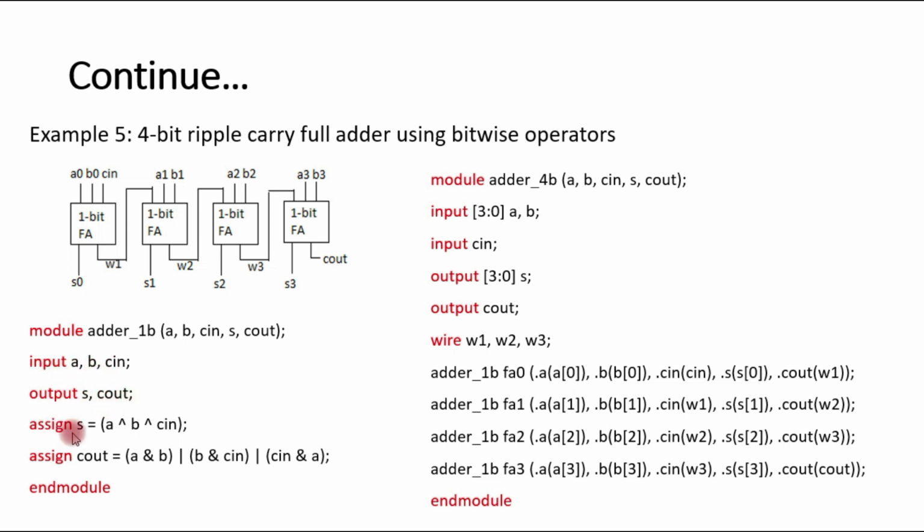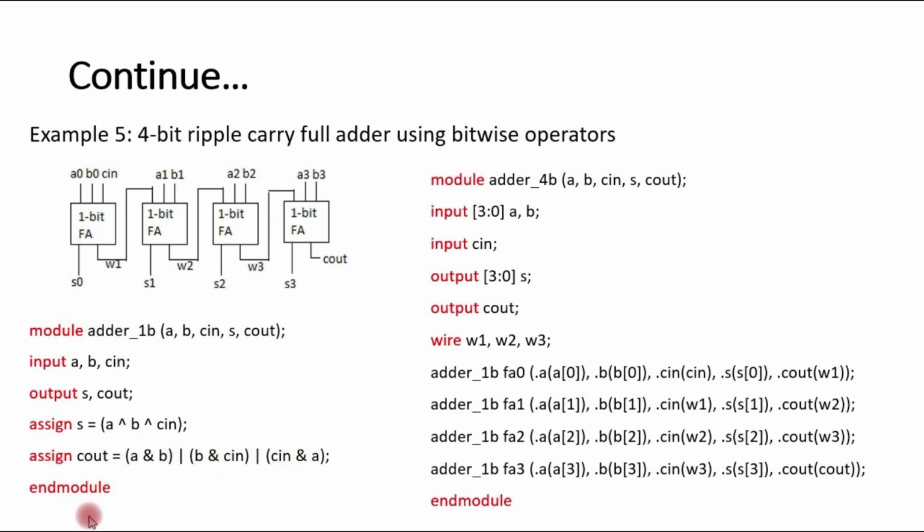So we are simply using bitwise operators. So the sum output is the XOR function of all the 3 input signals, that is A XOR B XOR Cin, and the Cout of the full adder circuit is AB plus B Cin plus Cin A. So here we are writing this expression using bitwise operators like this.